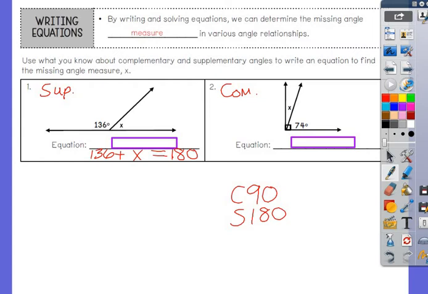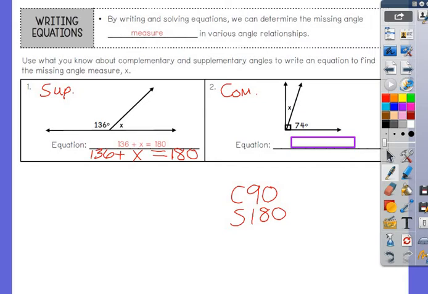How did I know add? It was in my definition. 136 and x. There's my equation. Could I have written x plus 136? Yes, I could have. They didn't even want me to find the answer to this, just an equation.